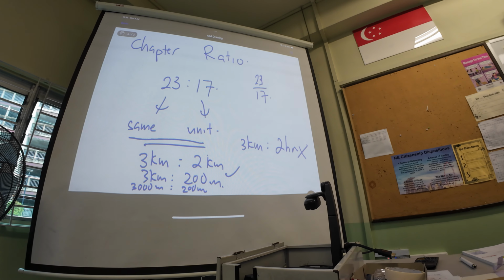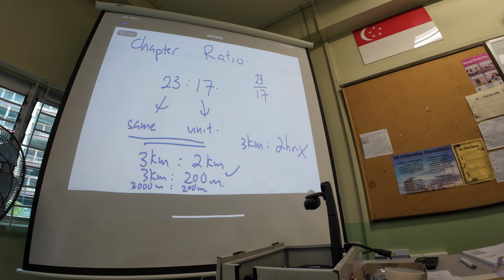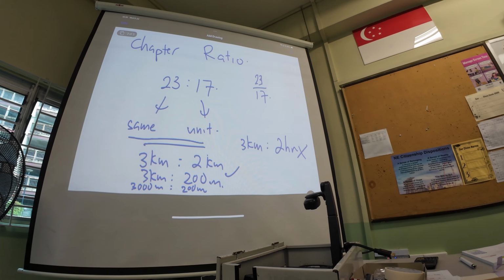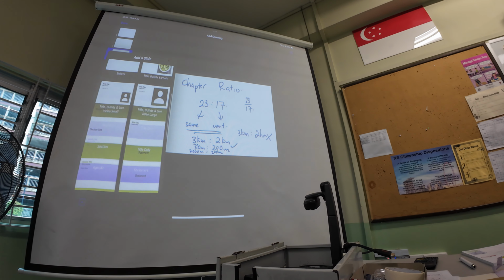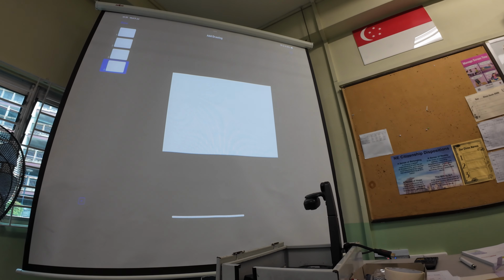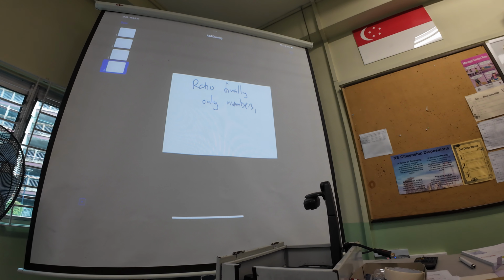So ratio is comparing two numbers. These two numbers must be of the same unit, because when they are the same unit, they can be cancelled away. That's why finally a ratio only has numbers, no units, because the units appear on both sides and they can be cancelled away.